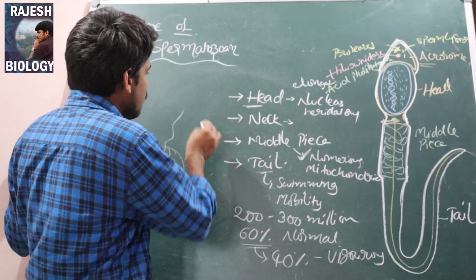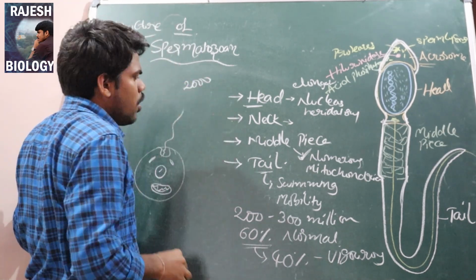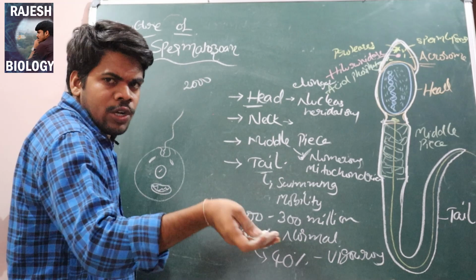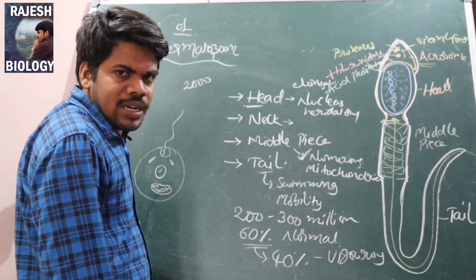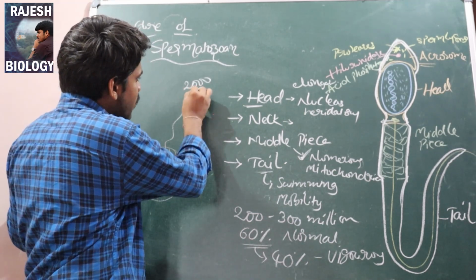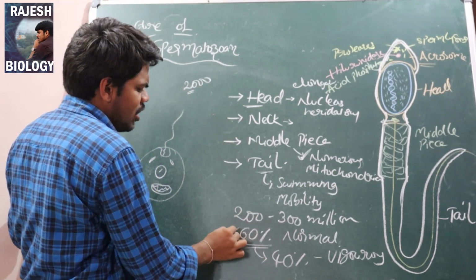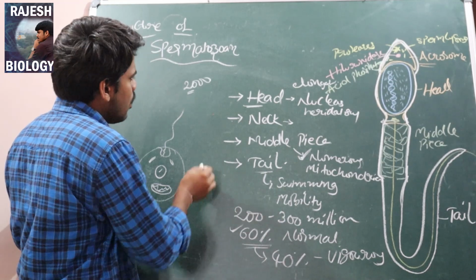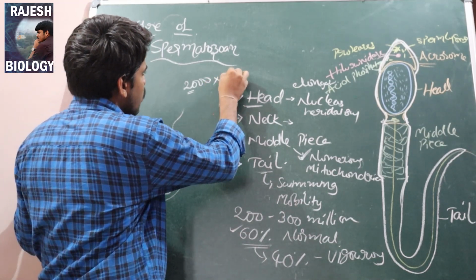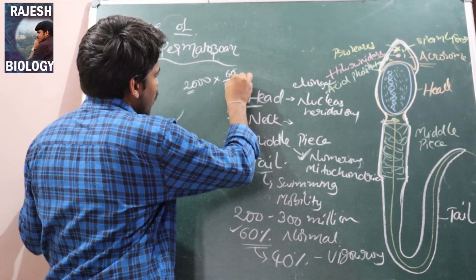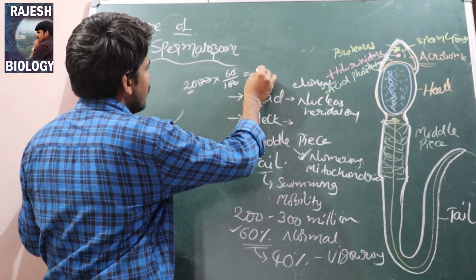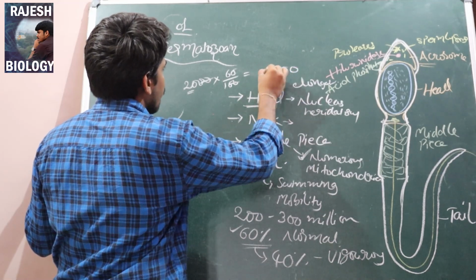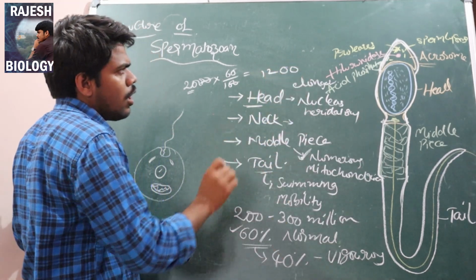Last time's MCQ was like this: 2000 sperm cells are released into the female reproductive tract. How many of them show vigorous contractions? First of all, we have to know the 60% which have normal size. So 2000 into 60 by 100, that is 20 into 60, 1200 are normal.